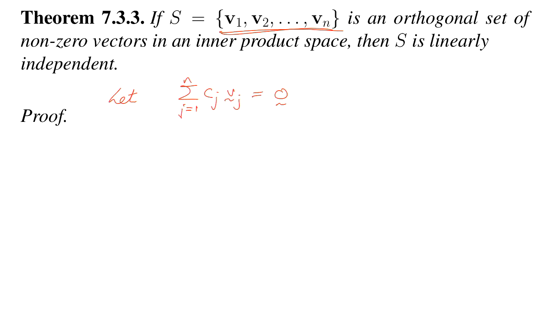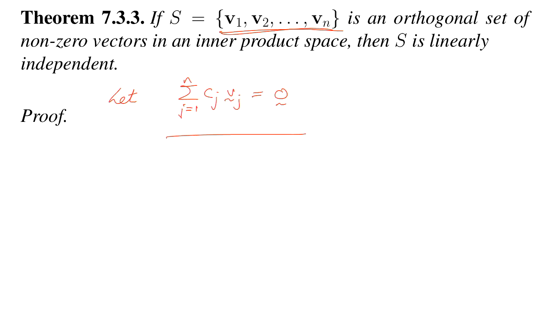So somehow we're going to have to use the fact that we know how to compute inner products of VI and VJ to learn that all the CJs are 0. We're going to have to take the inner product of something and something else if we're going to learn anything about the CJs. So this is the equation that we're starting with. The only thing we could conceivably do is take the inner product of both sides of that thing with some vector and see what happens.